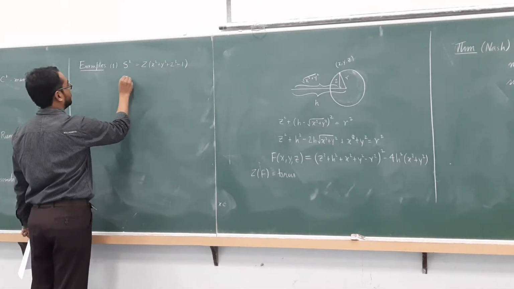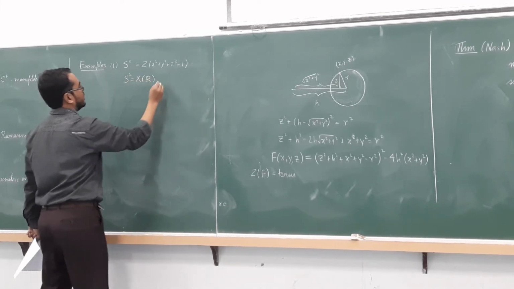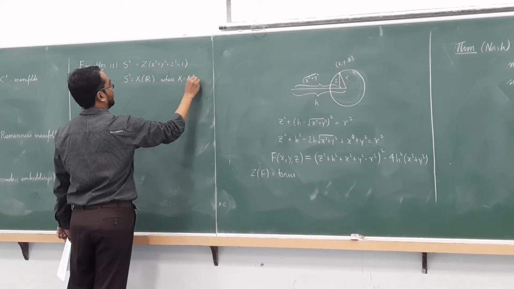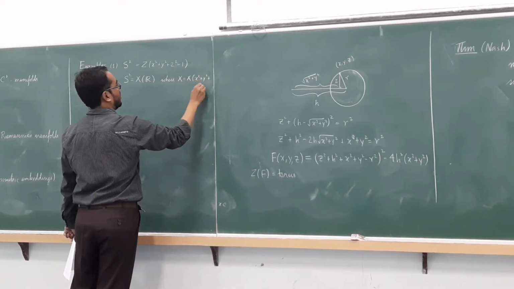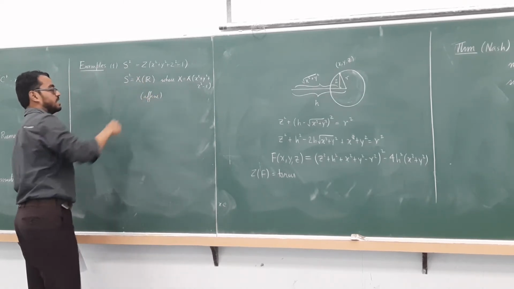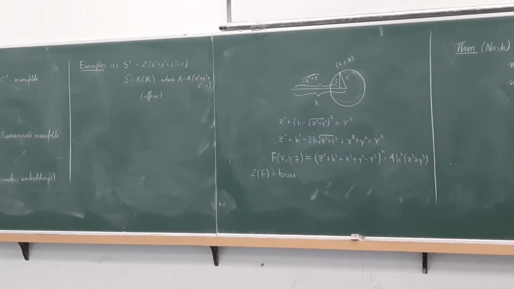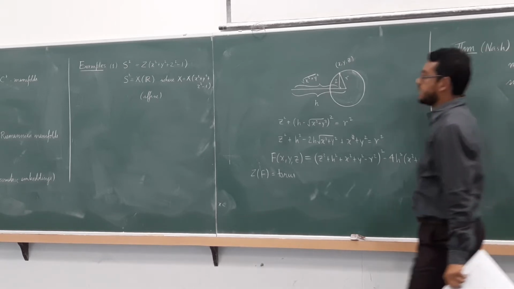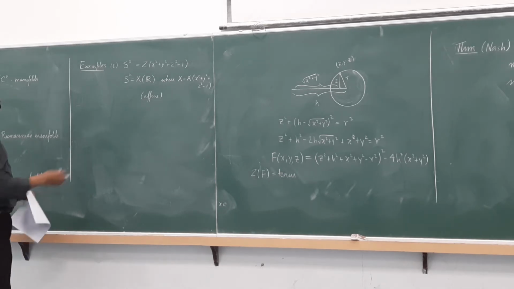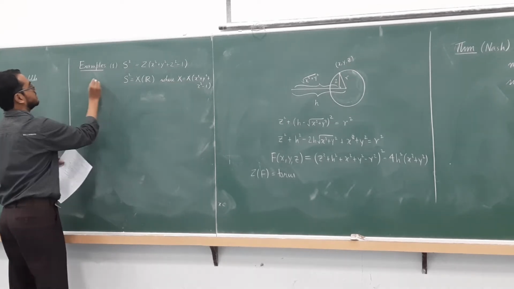So you can think of S^2 as X of R, the real solutions, where X is an affine variety. I don't care about homogeneous polynomials, just this setting, and it's a real affine variety. But even if you forget all this terminology, this is saying that S^2 is the zero set of a real polynomial, one single real polynomial. That is automatic. So this is the affine case.